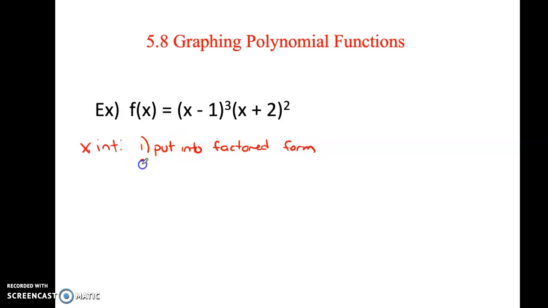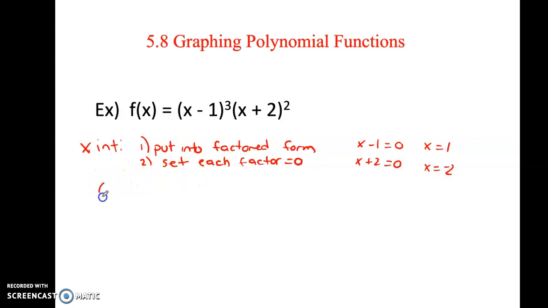And step 2, set each factor equal to 0. And that's our x-intercept because those are the values that will make our f of x or y equal 0. So in this case, we're going to set x minus 1 equal to 0. So x equals 1 and x plus 2 equals 0, x equals negative 2.